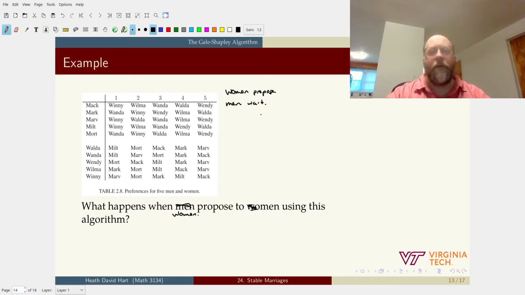All right? So here are our men: Mac, Mark, Marv, Milt, and Mort. There you go. And let's look at what happens in round one.